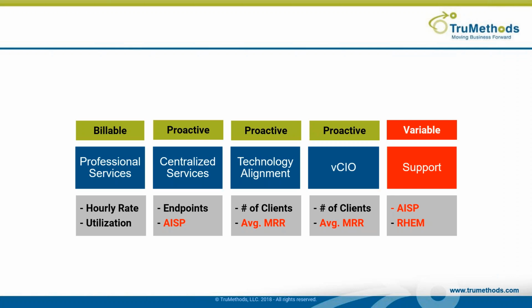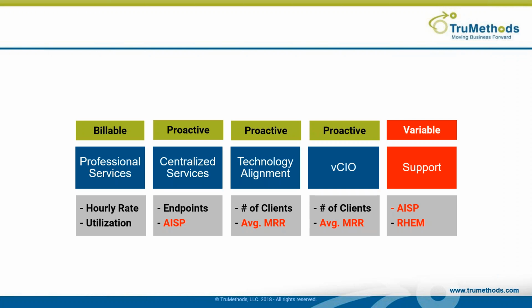So we move on to centralized services. This should be a fully proactive role. Their job is to manage, deploy, and execute on your tool set, again starting with your RMM, and then all the other things, remote backup tools, all things that we'll talk about in more detail in the packaging section.